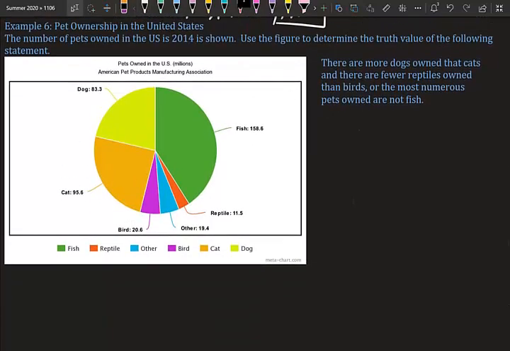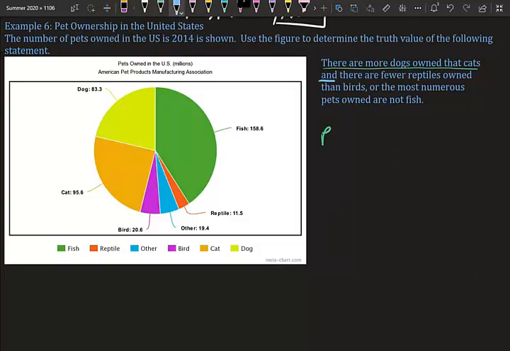All right, the number of pets owned in the U.S. in 2014 is shown. Use the figure to determine the truth value of the following statement. There are more dogs owned than cats, and there are fewer reptiles owned than birds, or the most numerous pets owned are not fish. To write that sentence is like, what? Let's break it out. Our first simple statement is there are more dogs owned than cats.